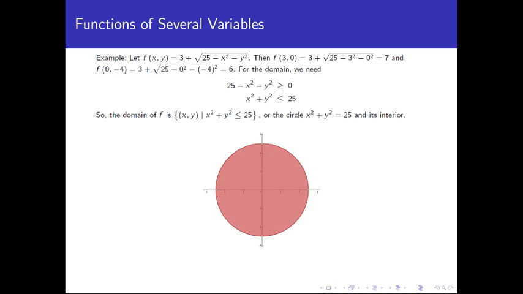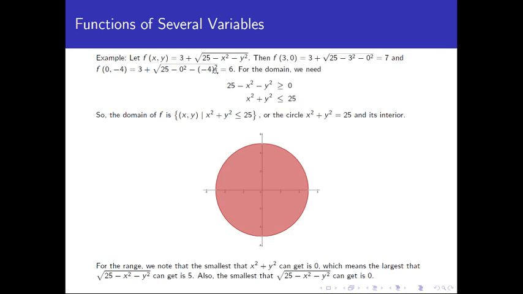How about the range? We know that the absolute smallest that x squared plus y squared can get is 0. Notice this is 25 minus x squared minus y squared, so x squared plus y squared always has to be at least 0. It can't get any smaller, meaning that the biggest the expression underneath can get is 25, so when you take the square root, the biggest it can get is 5.